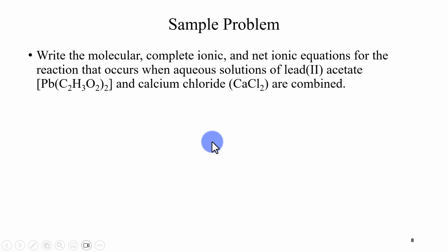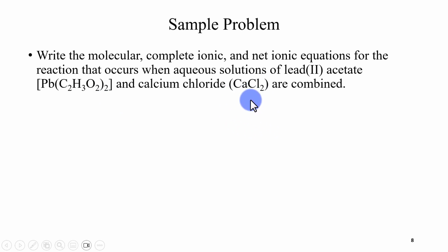Here is a sample problem for you to try. Write the molecular, complete ionic, and net ionic equations for the reaction that occurs when you have aqueous solutions of lead 2 acetate, and here's the formula given to you, and calcium chloride, CaCl2. These are your reactants.